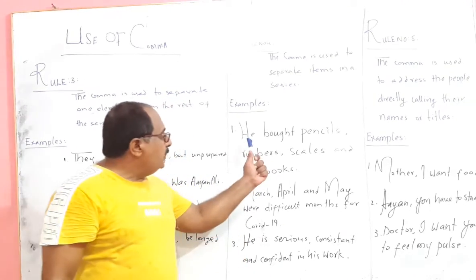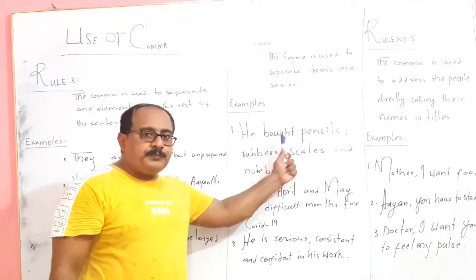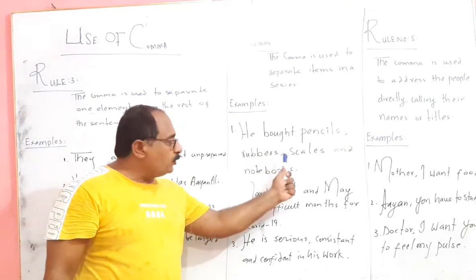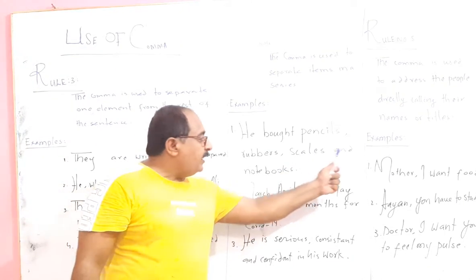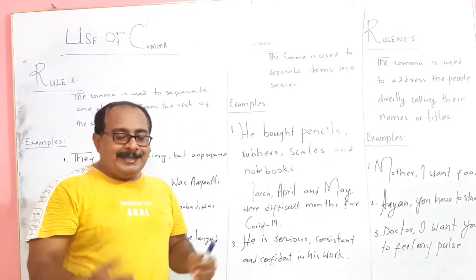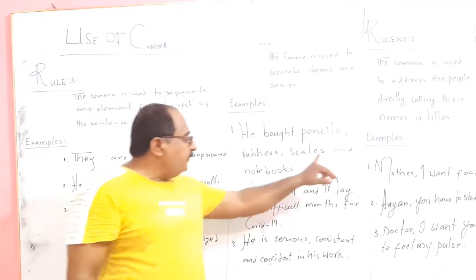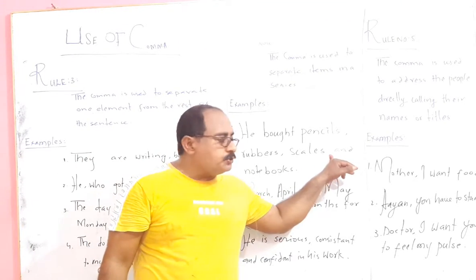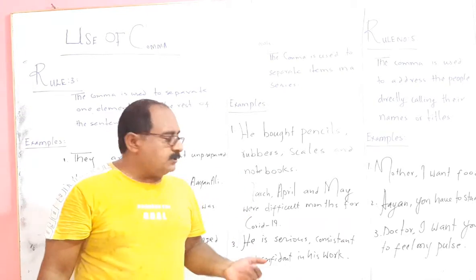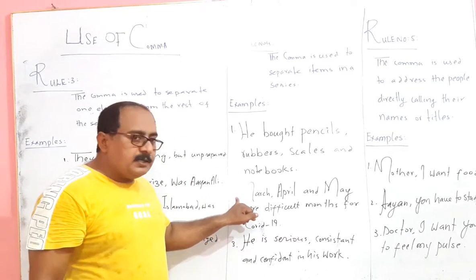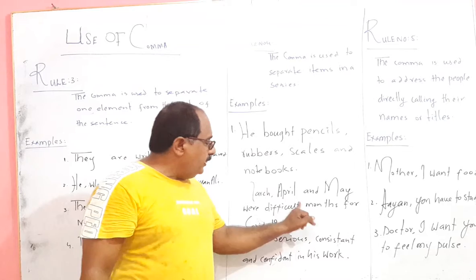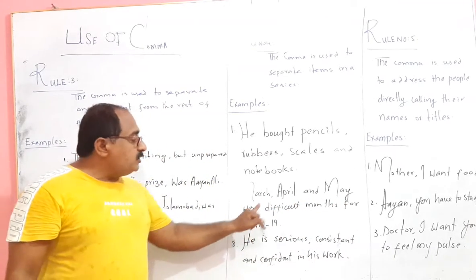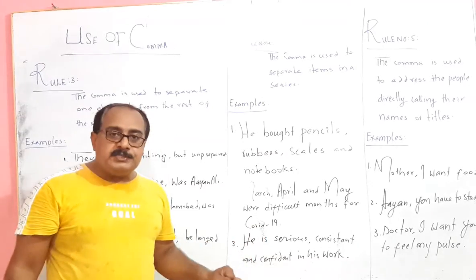See the example. He bought pencils, rubbers, scales, and notebooks. In American English, even here you can also put a comma, but in British English, you are not supposed to use it. Second example, March, April and May were difficult months for COVID-19.